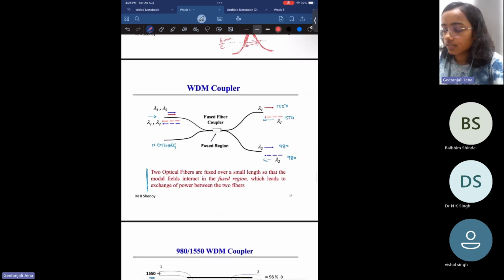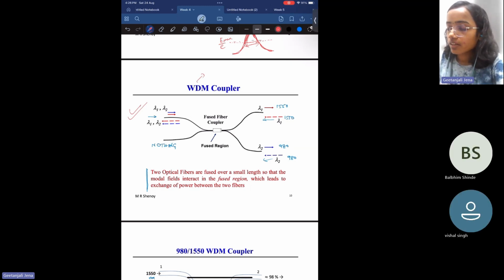So next is the WDM. Let us see what the WDM coupler is. WDM is wavelength division multiplexer. If you see this figure, this is the schematic of a WDM coupler. It basically consists of two independent single mode fibers that are fused around a region. This is the first fiber, and this is the second fiber, which is fused around this length, the fused region.